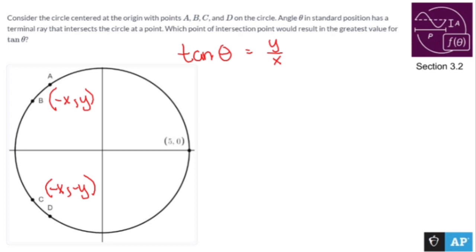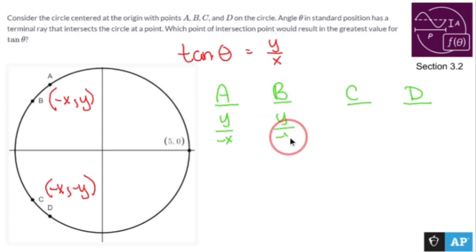So part one is me saying here's A, here's B, here's C, and here's D, and finding out which two of these could possibly be greater. Now, tan theta is y over x, which means A is going to be y over negative x. B is also going to be y over negative x. C is going to be negative y over negative x, and D is going to be negative y over negative x.